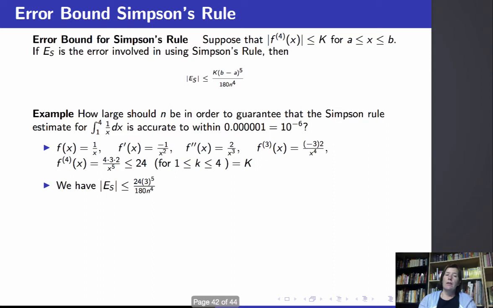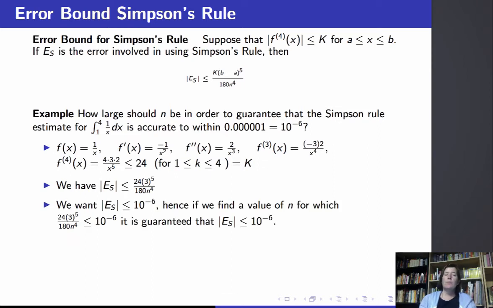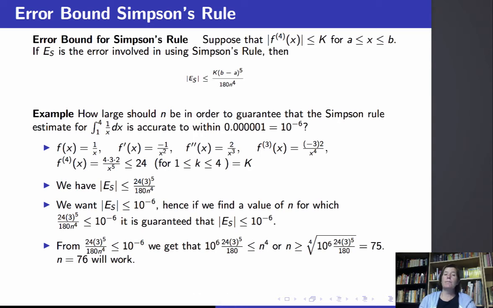So if that quotient, 24 times 3 to the 5 over 180 times n to the 4, is less than or equal to 10 to the minus 6, our error is also guaranteed to be less than or equal to 10 to the minus 6. So we're going to look for an n so that 24 times 3 to the 5 over 180 times n to the 4 is less than or equal to 10 to the minus 6. The only unknown in that inequality is n itself.